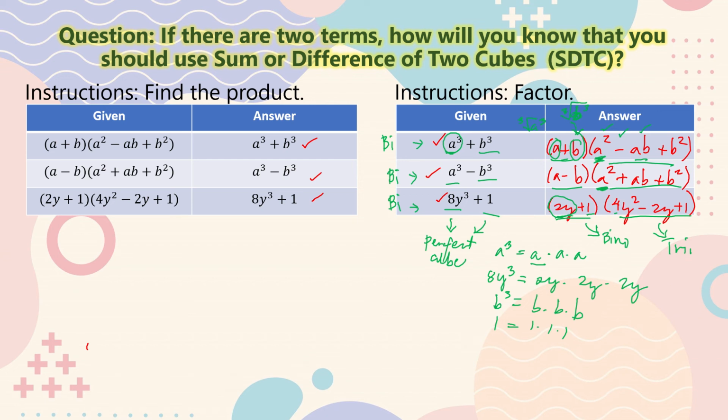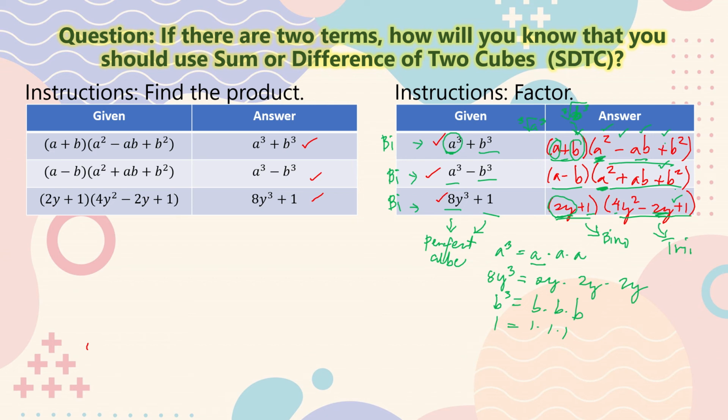The first term 2y times the second term 1, you'll get 2y. Okay. What's the operation next to it? It is always plus. No matter what you do, it's always a plus. Unlike our previous operation, which must be the opposite, here it's always a plus for our third term.